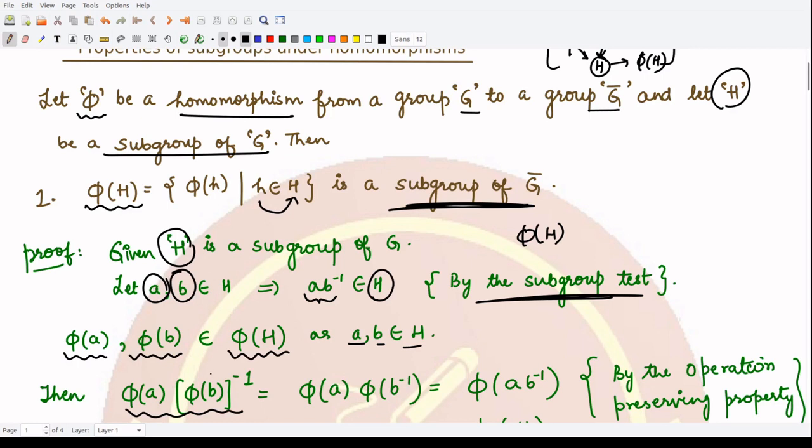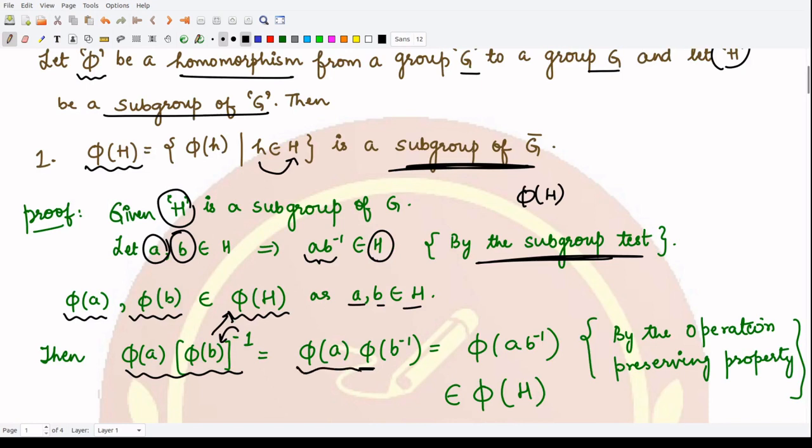If it is also present here, then we would say it is a subgroup by the subgroup test, otherwise not. So you see phi of a times phi of b inverse equals phi of a times phi of b whole inverse. You can take this inverse inside because phi is a homomorphism, and by the operation preserving property it is written like this.